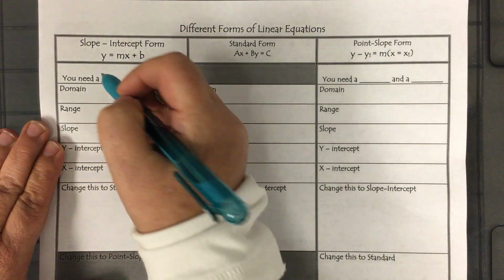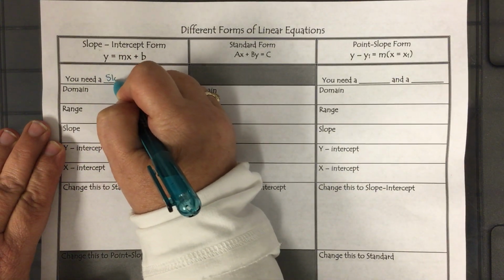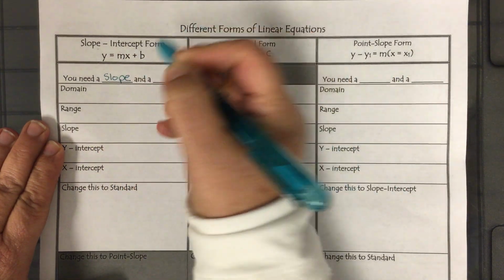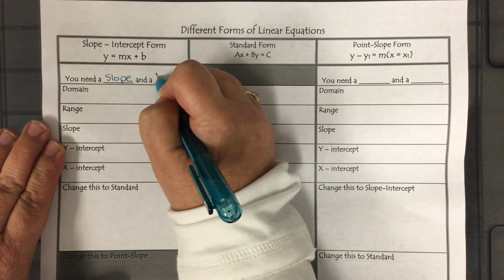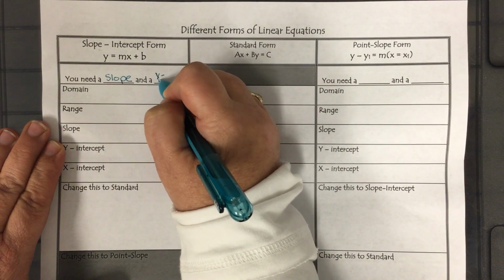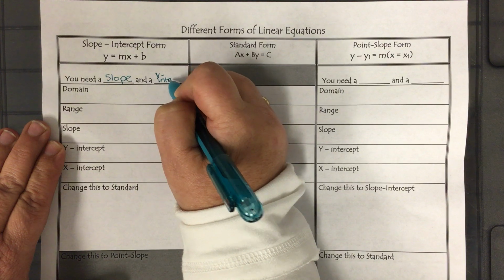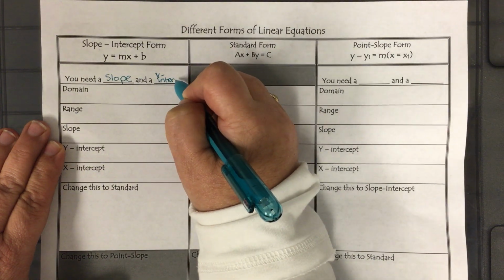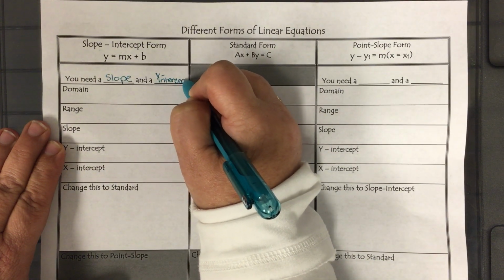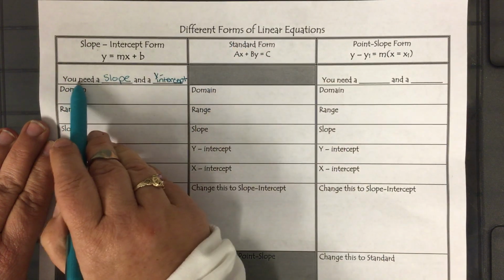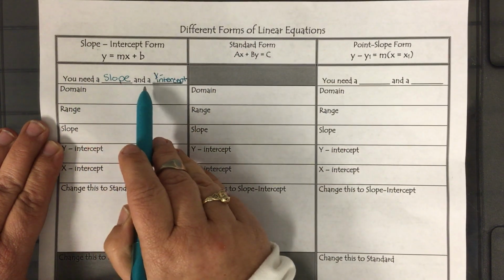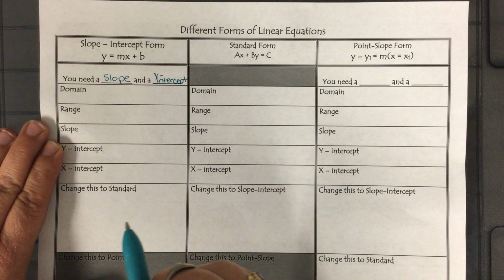You need the slope, and you need a y-intercept. You should be filling out your form while I'm filling out my form. You need slope and y-intercept.